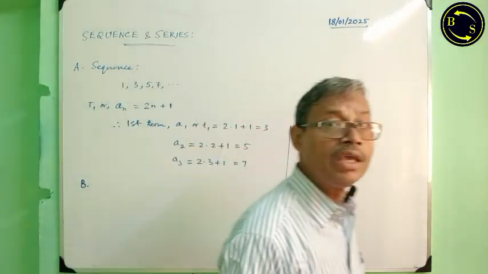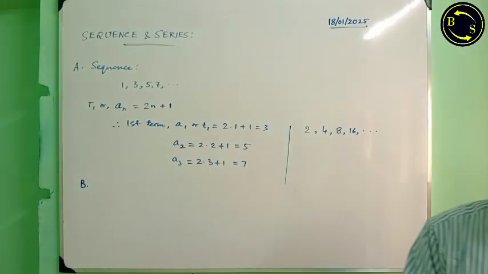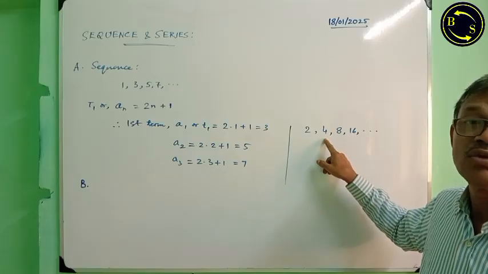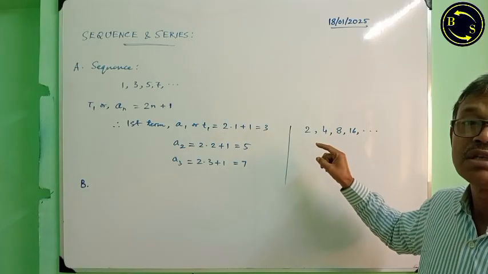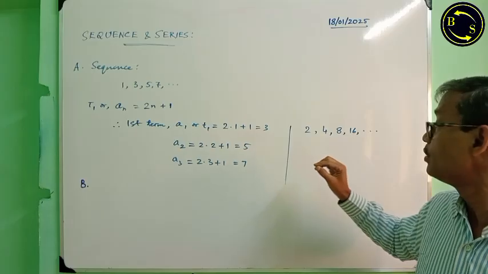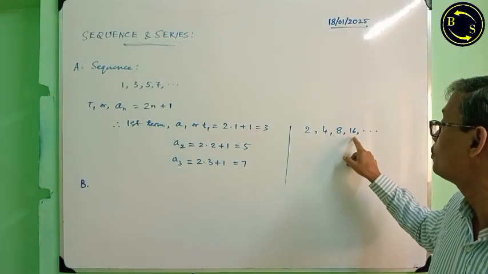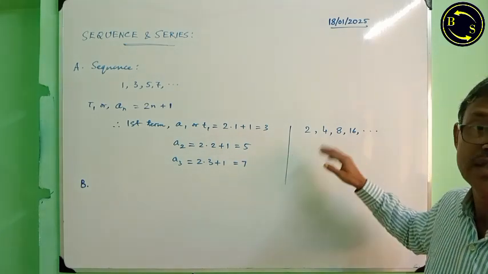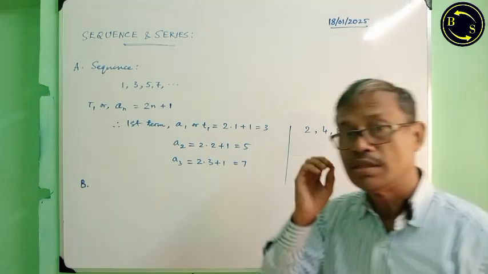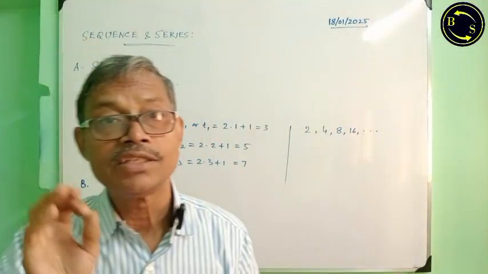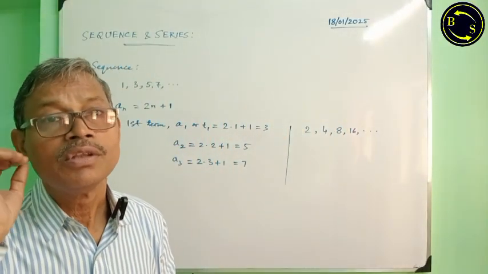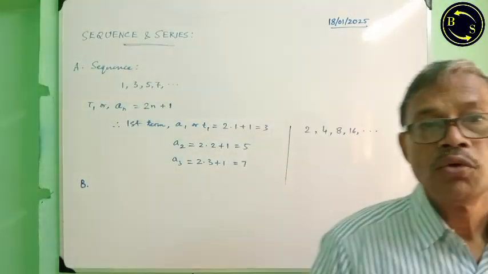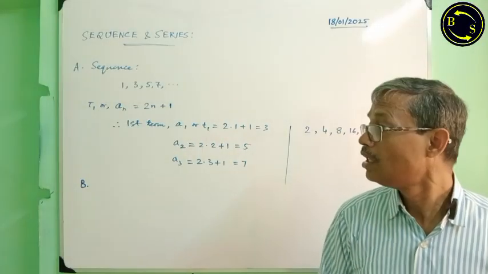That means a constant is multiplied with the first term to get the second one, then the second one is multiplied by that same constant to get the third one, and the fourth term is obtained by multiplying that constant with the third term, like this. That means the pattern may be of addition type or multiplication type. Accordingly, we obtain different types of sequences.